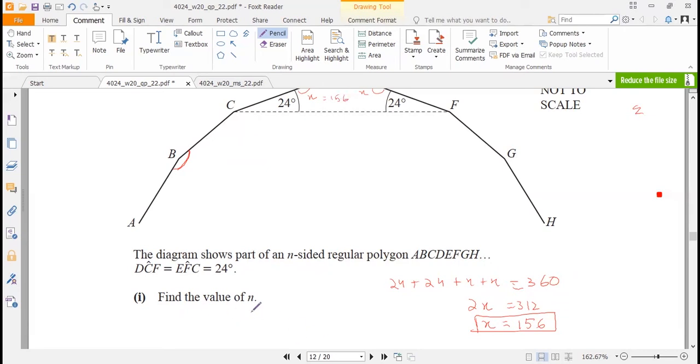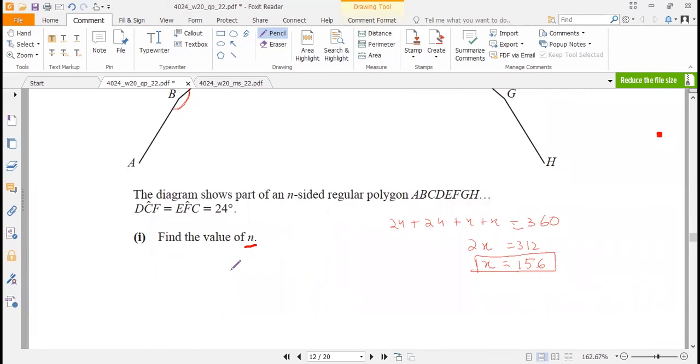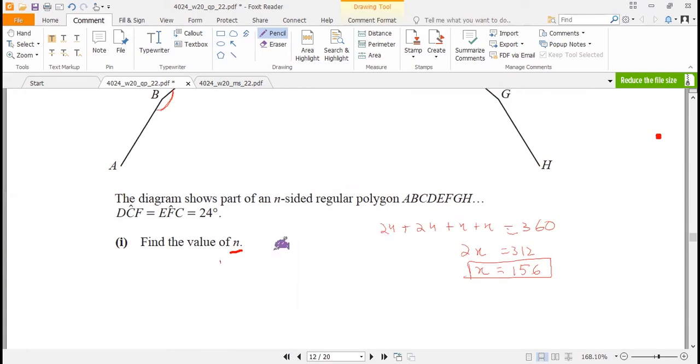Now to find out the value of n, we can apply the formula to find out the angle, that is 180(n - 2) upon n. And we already know the angle, that is 156.